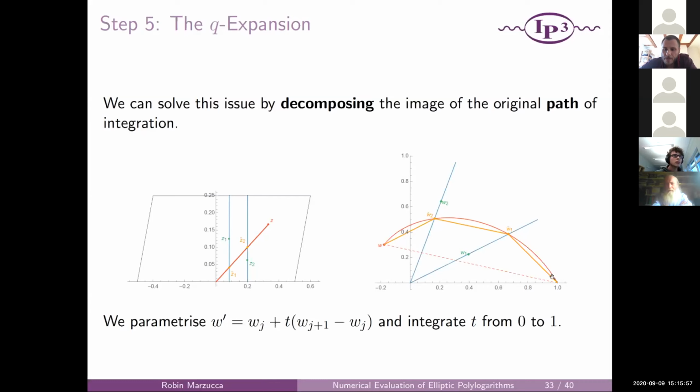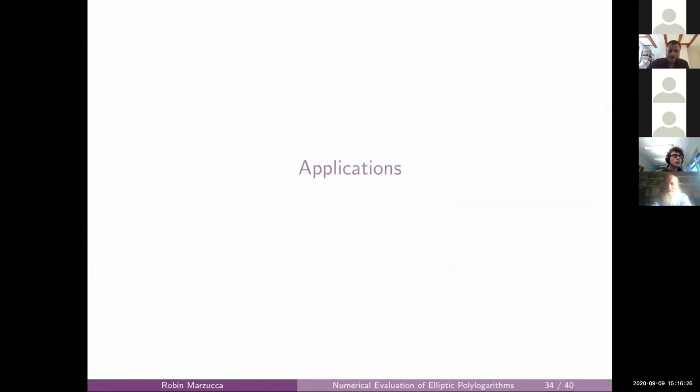And if we integrate along this orange line here, so to W1 tilde and W2 tilde and then to W, we ensure that we're always crossing the path on the correct side of this pole, because these blue lines get mapped to essentially the angles under which we find the pole, and this way we are always on the correct side of the pole on a specific angle. Okay, very good. So now we've got an algorithm that we can use to expand elliptic polylogs.